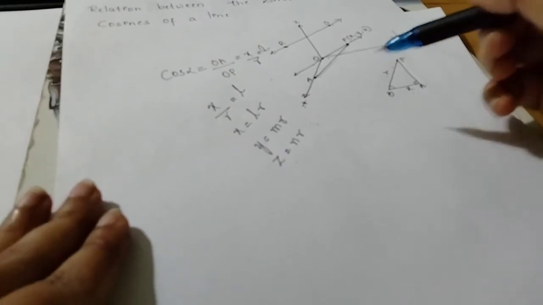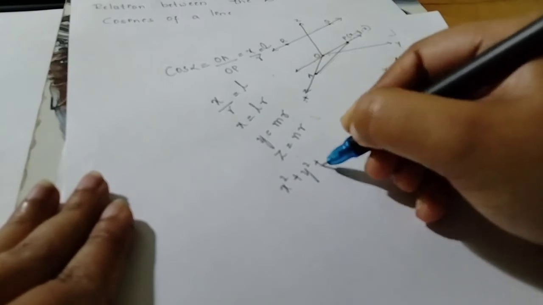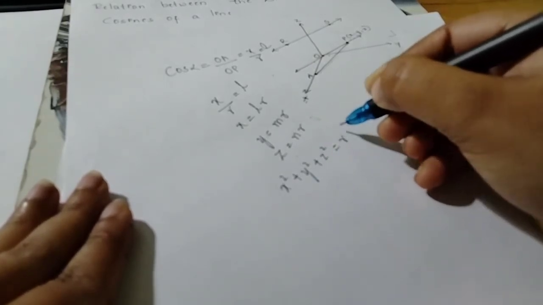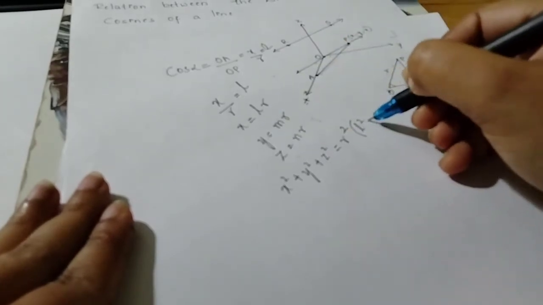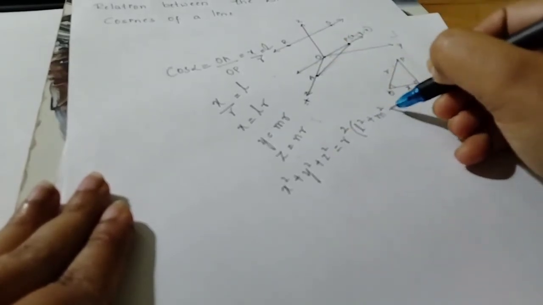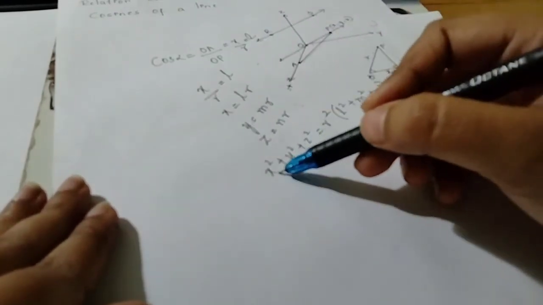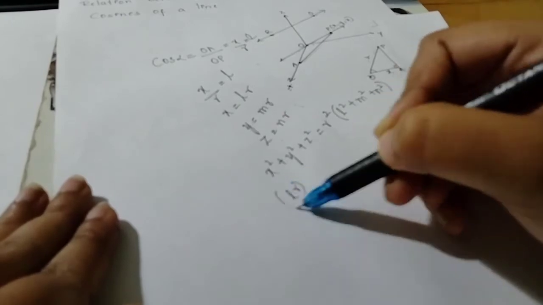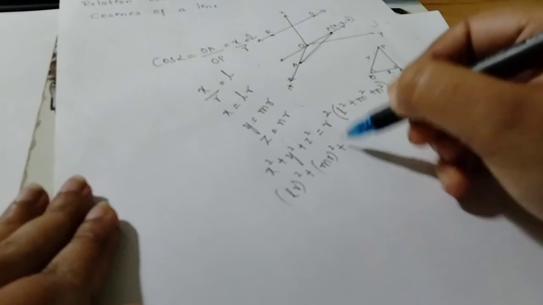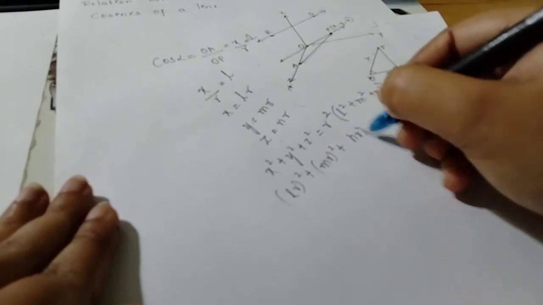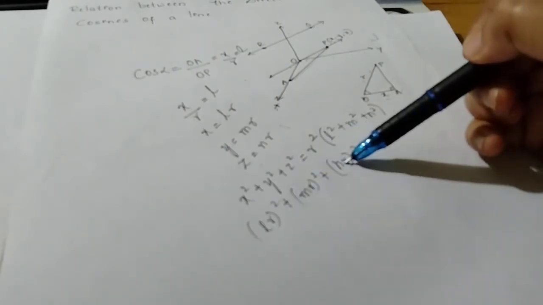Now next, you know x square plus y square plus z square is equal to what? r square into bracket l square plus m square plus n square. So x is what? lr whole square plus y is what? mr whole square plus z is nr whole square. So it is lr, mr and nr.